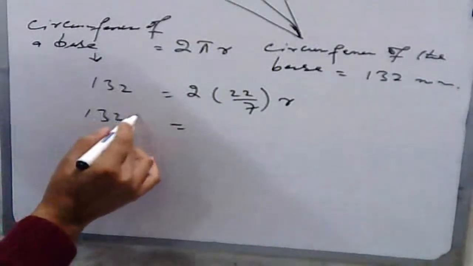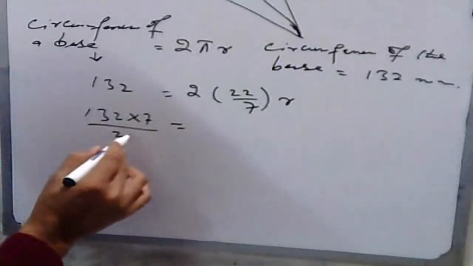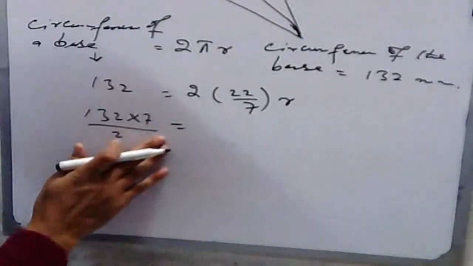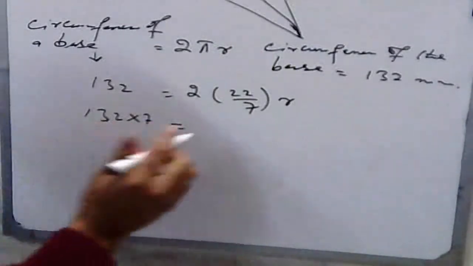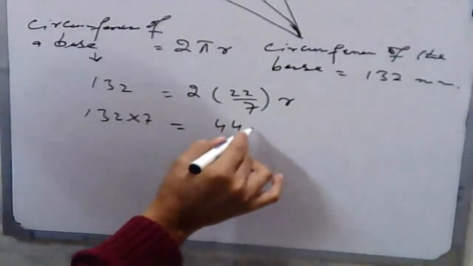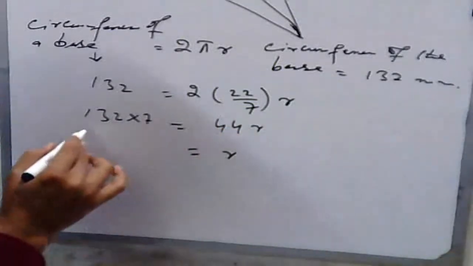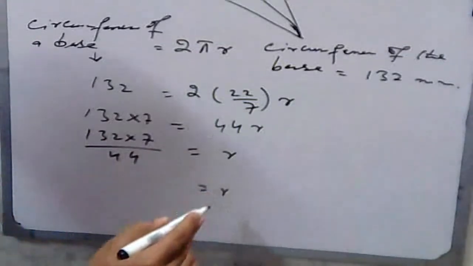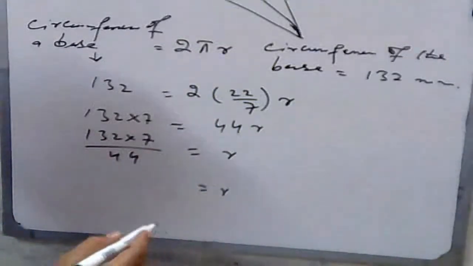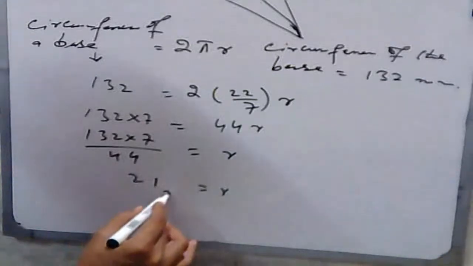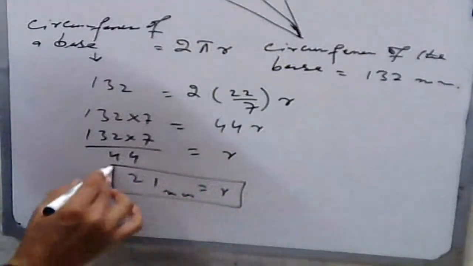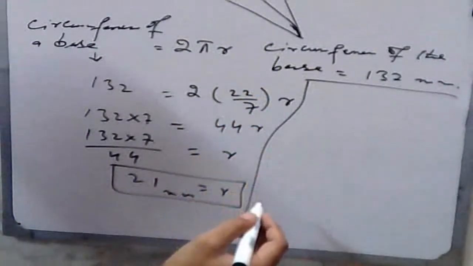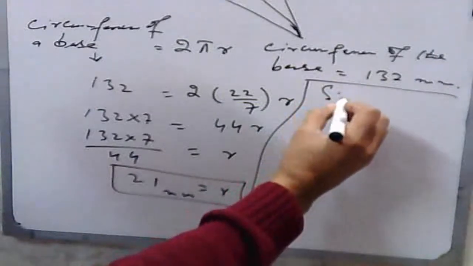So by using cross multiplication, 132 multiplied by 7 divided by 44 gives the value of r. We need the value of r. So the value of r is 21 millimeter. So with the help of this r, we are able to find the volume of a cone.